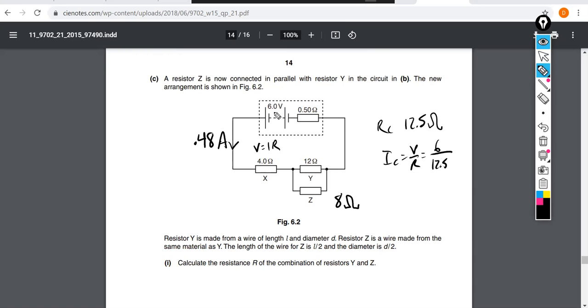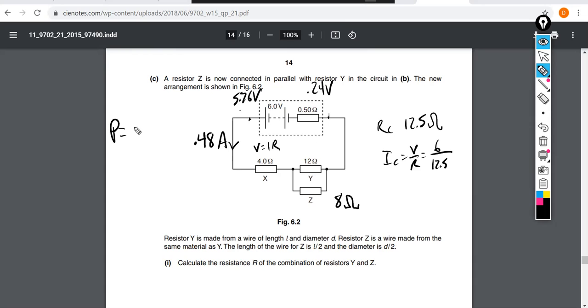If we had 0.48 amps going this way, then some are going to drop across this. 0.48 times a half, so we're going to have 0.24 volts dropping, lost, right? The voltage drop, the lost volts here. So the terminal PD is going to be 6 minus that, 5.76 volts available to the external circuit. And maybe that's all we need to do to solve it.